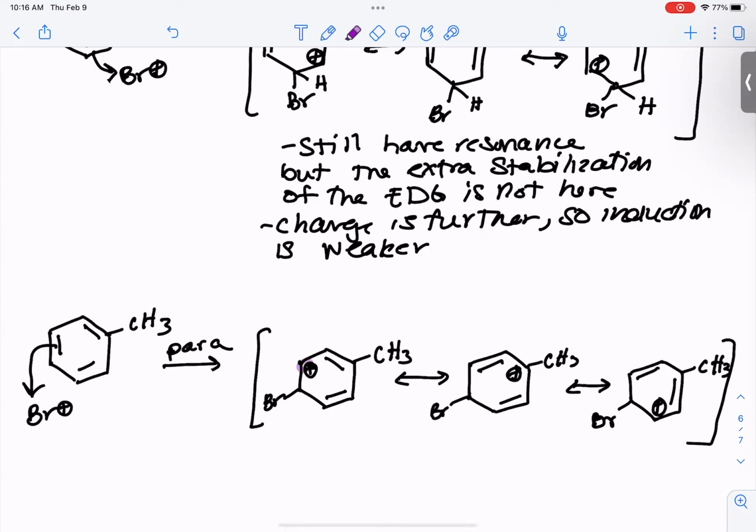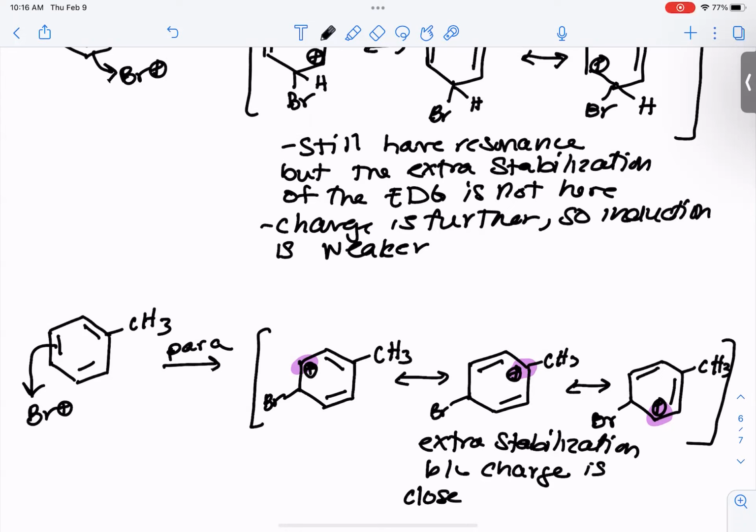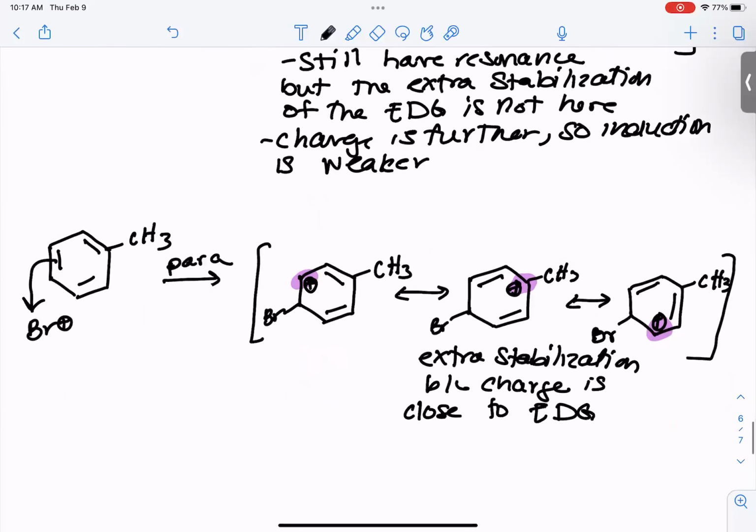All right, so we get the charge here, here, and here. And again, you're going to have this extra stabilization, because the charge is close to the electron donating group. So you have a stronger inductive effect.